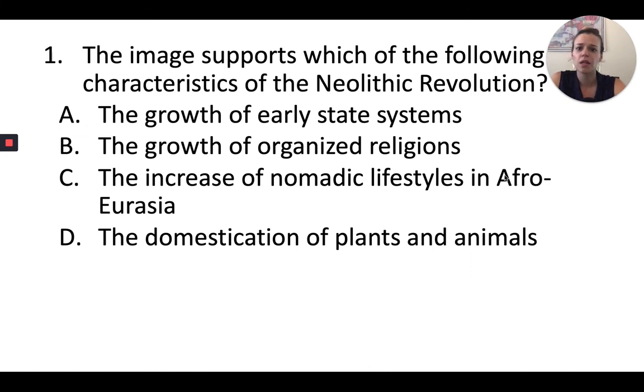So, the image supports which of the following characteristics of the Neolithic Revolution? Neolithic Revolution, agricultural revolution, same thing. So take a moment, discuss, decide on answer. Remember, I'm not going to go over the answers in the video. You're going to answer this in Edpuzzle.